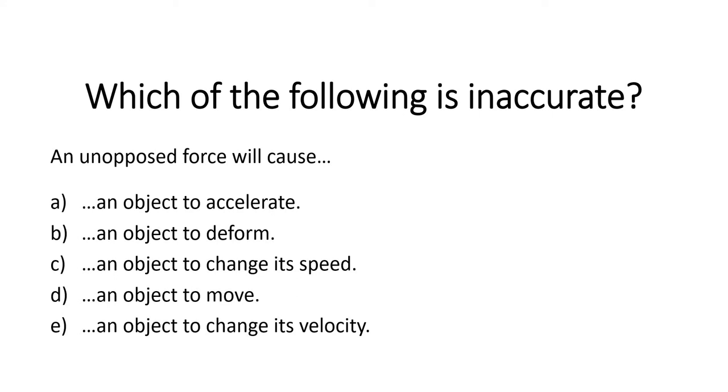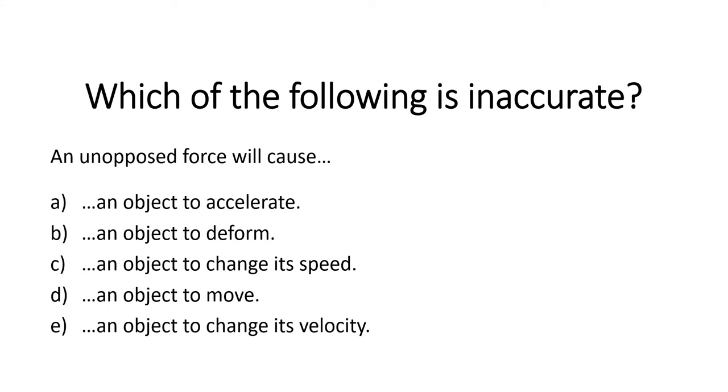So which one of those is inaccurate? There may be more than one, there may be several, but you have to complete the sentence. An unopposed force will cause what? As I say, maybe one, maybe several, who knows?